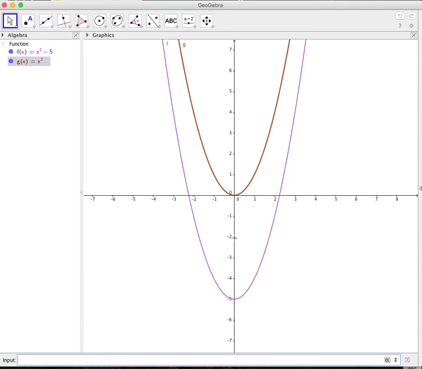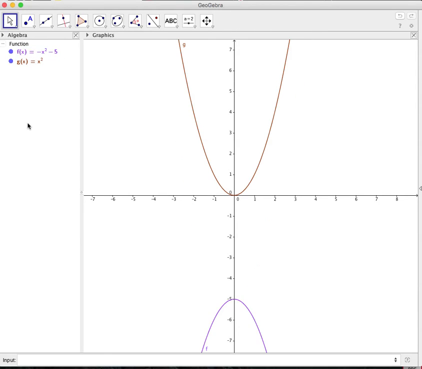So the system allows me to have more than one line, and I can do multiple things. Let's say what happens if instead of positive x squared, I have negative. Now what happens? Look at that. My curve flips.